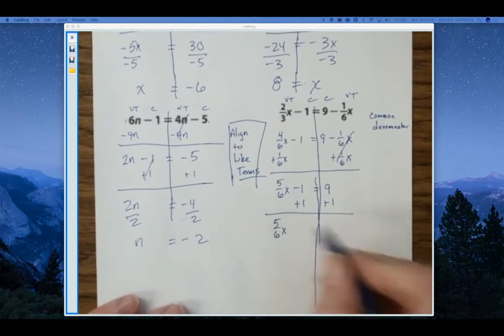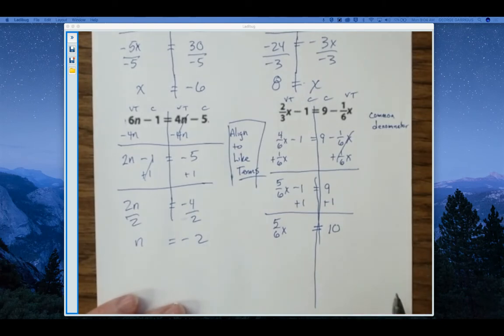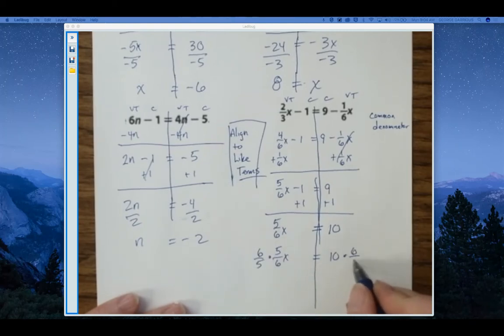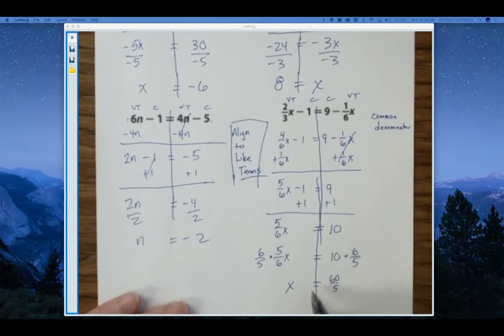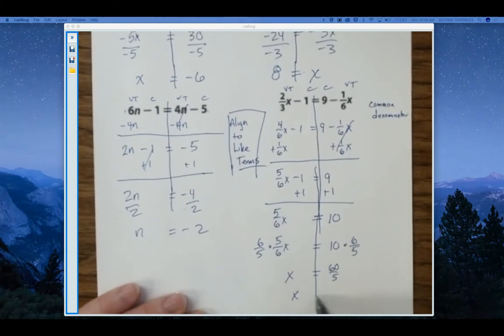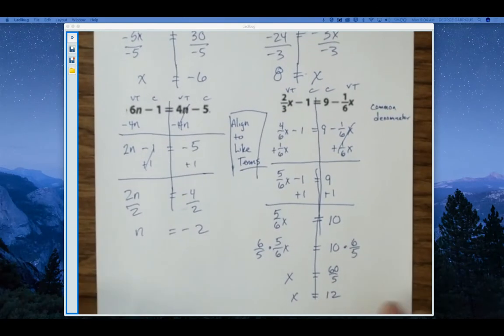5/6 x equals 10. And now I'm going to multiply by the reciprocal, 6 over 5. I get 1x equals 60 over 5. Or another way to write that is x equals 12.